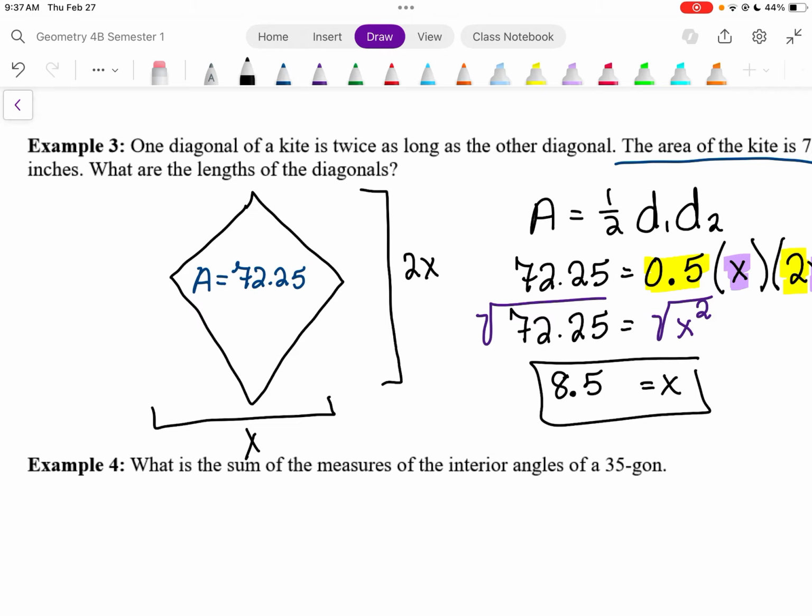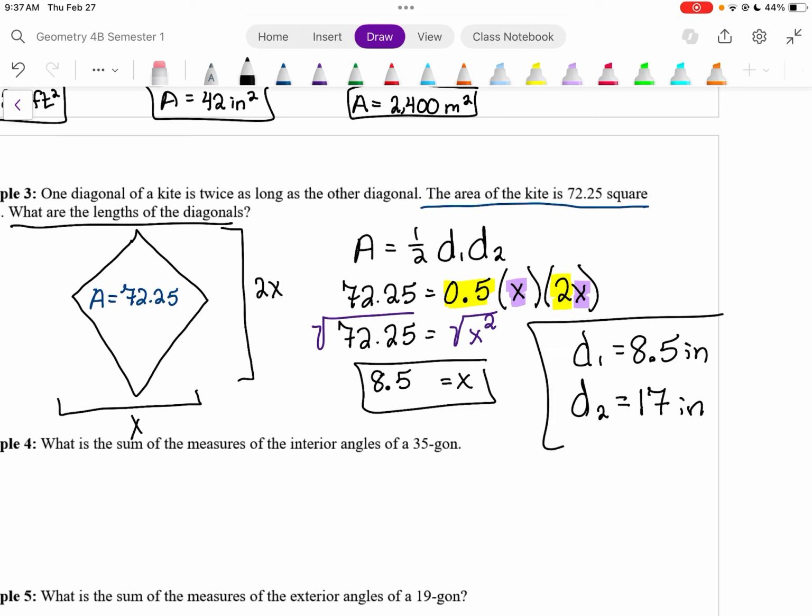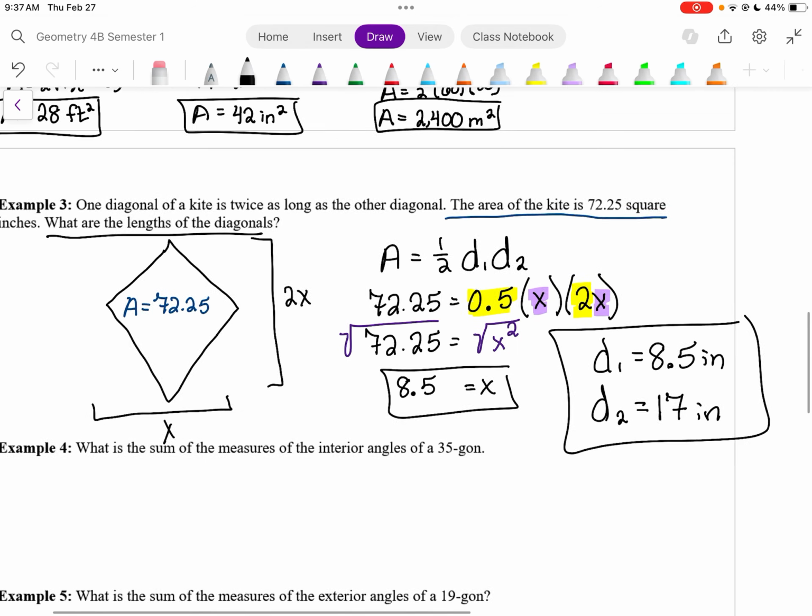And with these, you want to make sure you don't just find x, you answer the question. So they want the length of the diagonals. So diagonal 1 would be 8.5. And then our second diagonal was twice as long as that. So if we take that times 2, we would get our answer of 17. And both of these would just be inches because they are lengths.